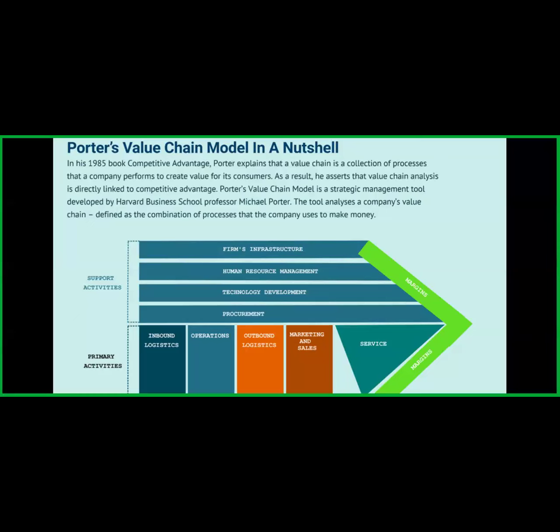Next is the firm's infrastructure, whether the infrastructure is proper or not. Infrastructure includes everything. Infrastructure doesn't include only the building. For example, whether proper lighting is available or not.